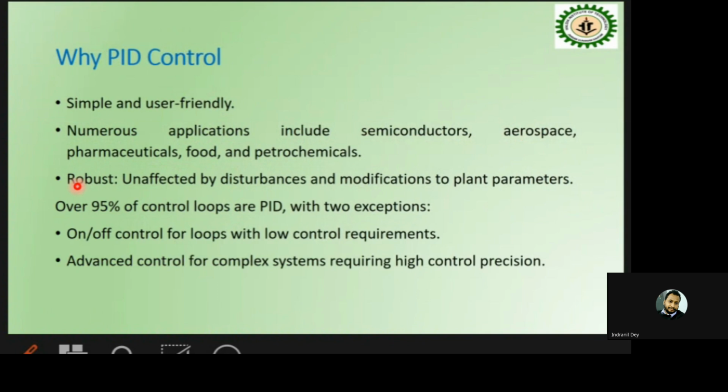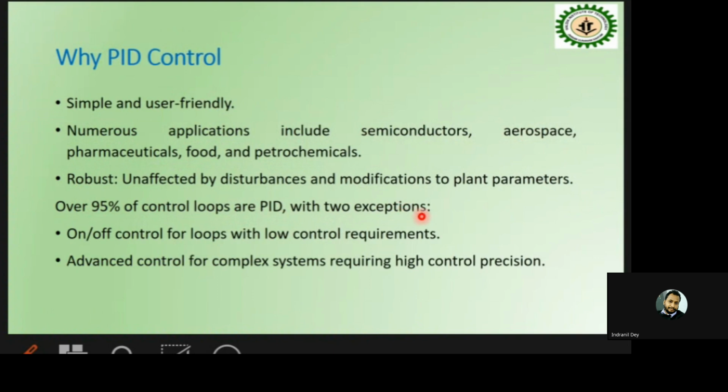If it can deal with these problems, then we can say our controller is very robust. A PID controller is largely unaffected by disturbance and plant parameter modification. That is the reason all industry people usually prefer the PID controller as a real-time controller action. Over 90% of loops use PID.